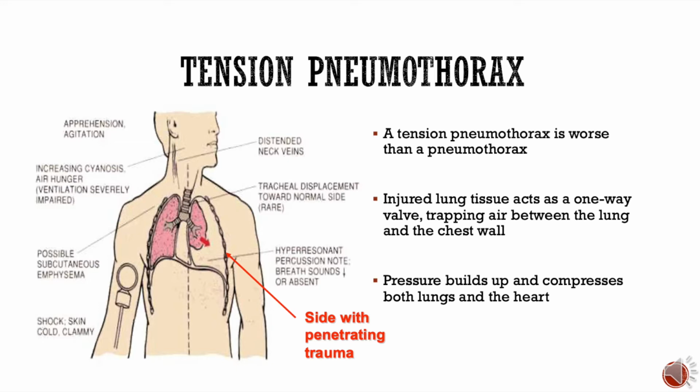Pressure builds up and compresses both the lungs and the heart. Some of the signs and symptoms of a tension pneumothorax are decreased or absent breath sounds, increased cyanosis and air hunger, apprehension and agitation, possible subcutaneous emphysema, or a very late sign, tracheal deviation towards the normal or unaffected side.